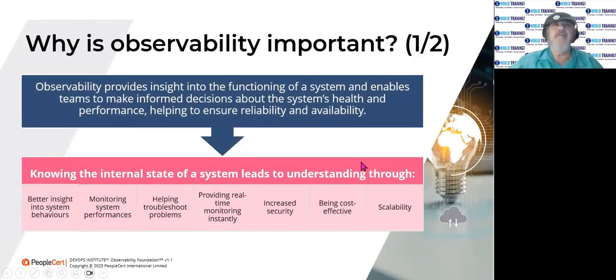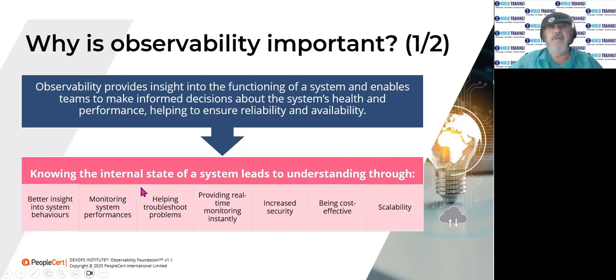I think by now you're probably getting a good idea, but there's a lot of factors. Observability provides insights into the functioning of a system and enables teams and individuals, for that matter, to make informed decisions about the system's health, performance, helping to ensure overall reliability and availability of the systems.